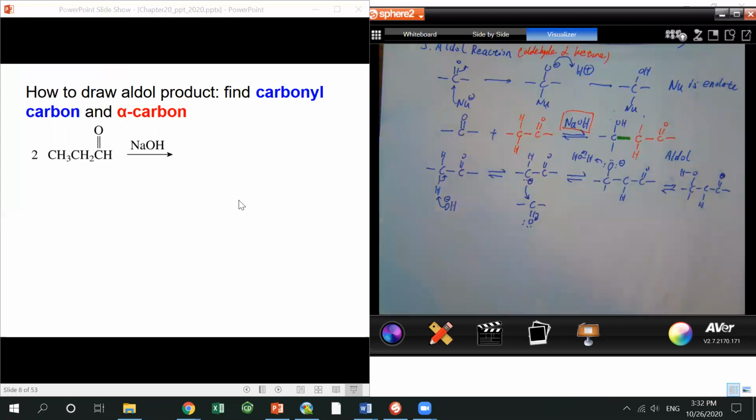Actually there's one more step: the base comes in, picks up this proton, and converts it to an enolate, which makes the whole thing irreversible. But so far the whole process is reversible, and that's actually not required.